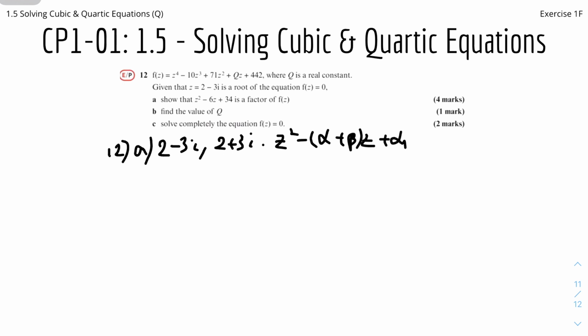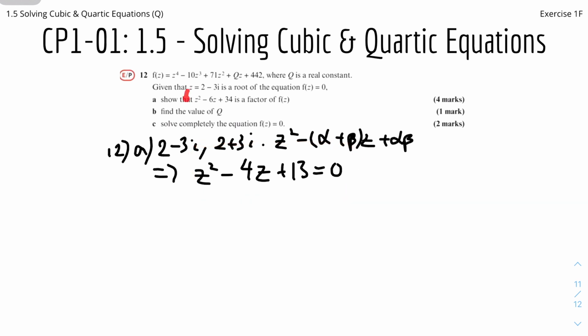The sum of the roots will be equal to 4, so it will be minus 4z. And alpha times beta is 2 minus 3i times 2 plus 3i. Let me calculate, that will be 13. So it will be z squared minus 4z plus 13 equals 0. That means we know that this is a factor.